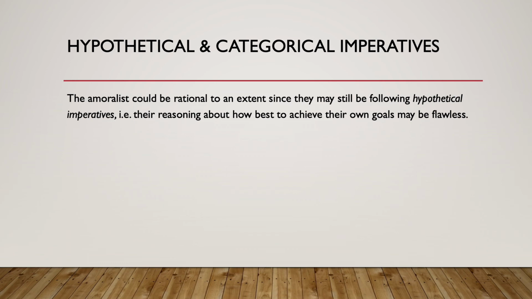But the criminal who doesn't care about morality, who's very careful and plans their crime so as to avoid detection, well, they might be doing everything right so as to best achieve the goals that they do have. But Kant said there's other kinds of imperatives that reason gives to us as well.